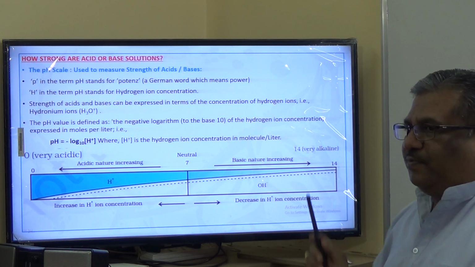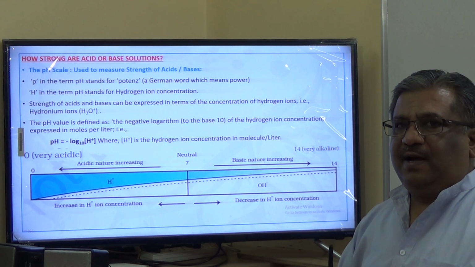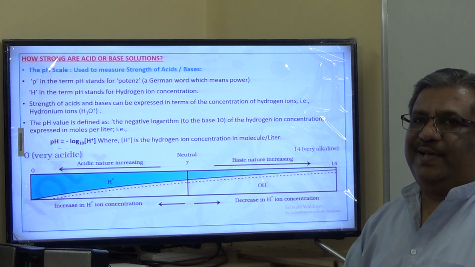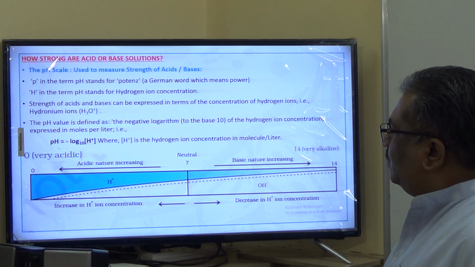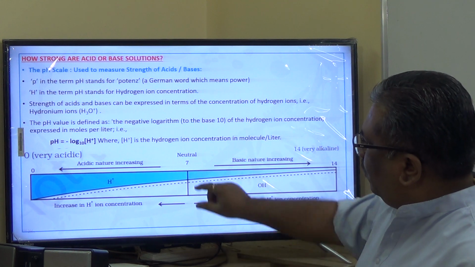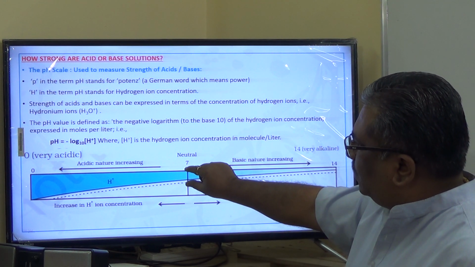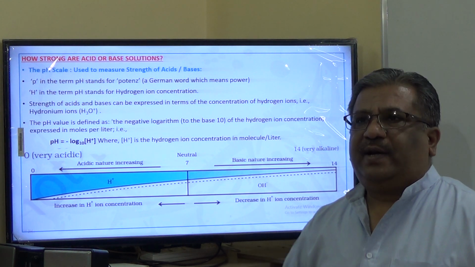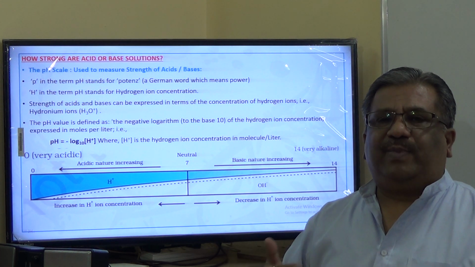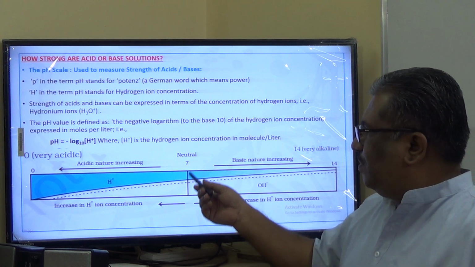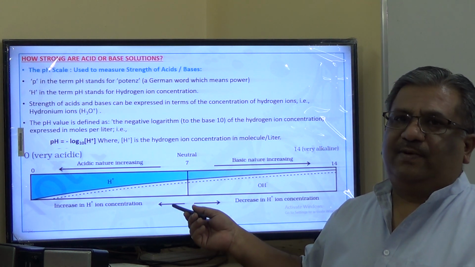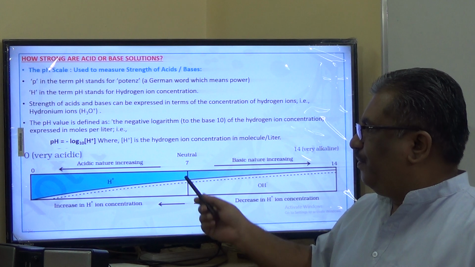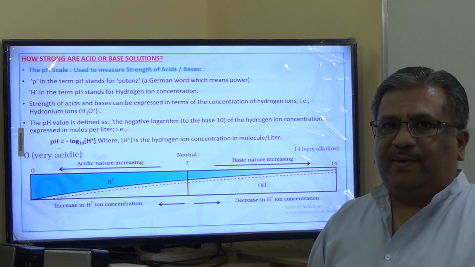Therefore, if the pH is 14, then the substance is highly alkaline or highly basic in nature. So at 7, hydroxide ion concentration and hydrogen ion concentration will be equal. Therefore, the substance neither shows acidic nature nor basic nature, and the substance is said to be neutral, and the pH value for the neutral substance is 7. I hope you are able to understand this one.